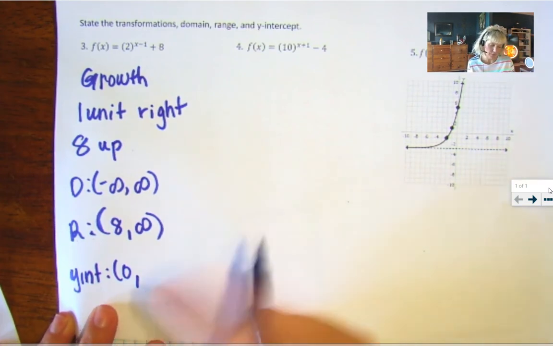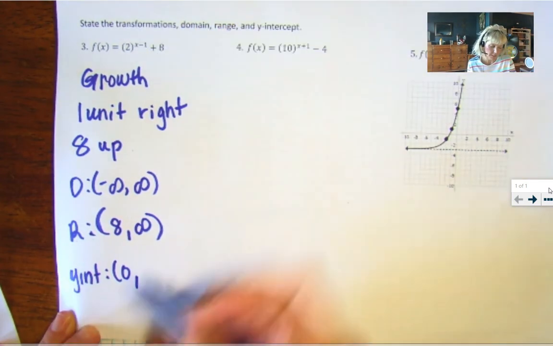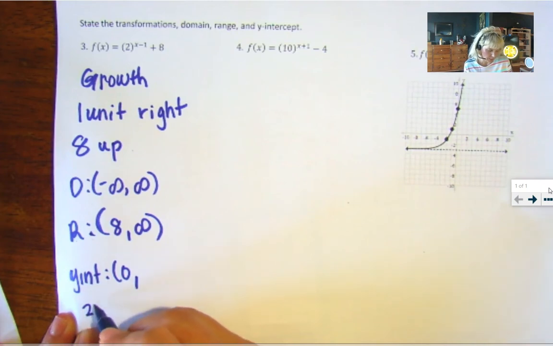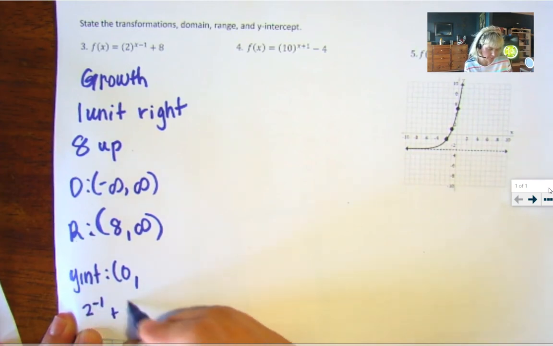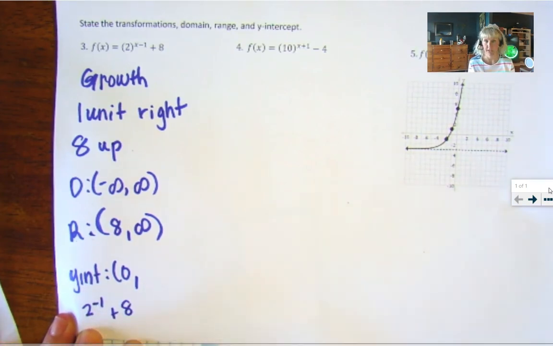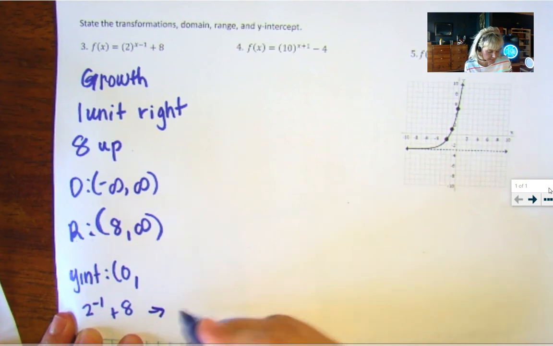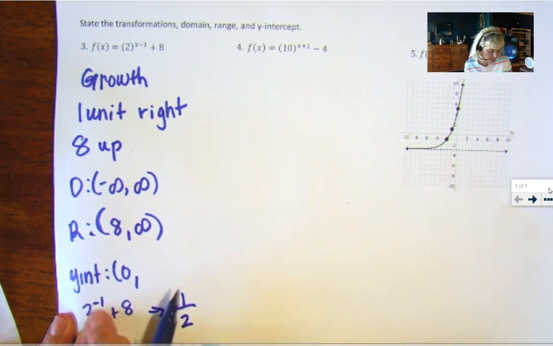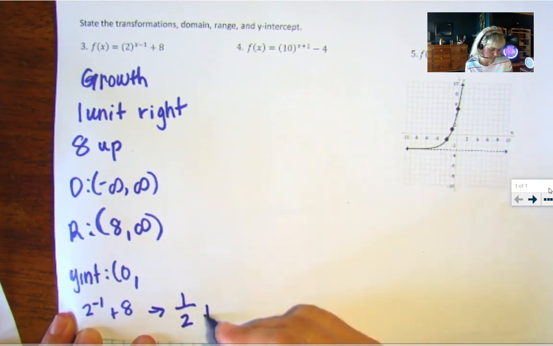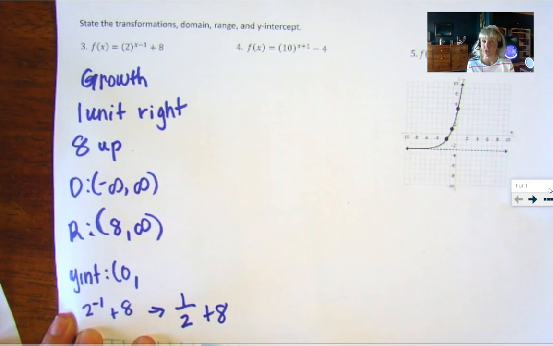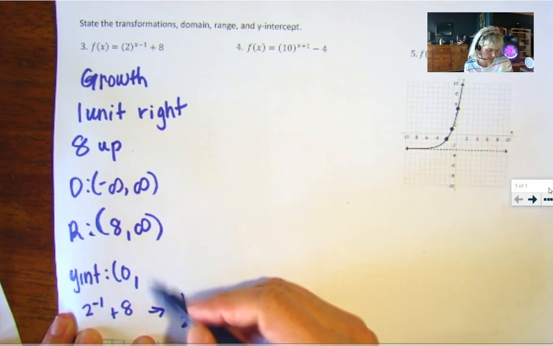When I plug in a 0, if you notice up here, this is going to be 2 to the negative 1 plus 8. And remember, negative exponents are on the wrong side of the fraction bar. So what this actually means is 1/2 plus 8. So your y-intercept for this is going to be 8.5, and I'll just write it as a decimal.